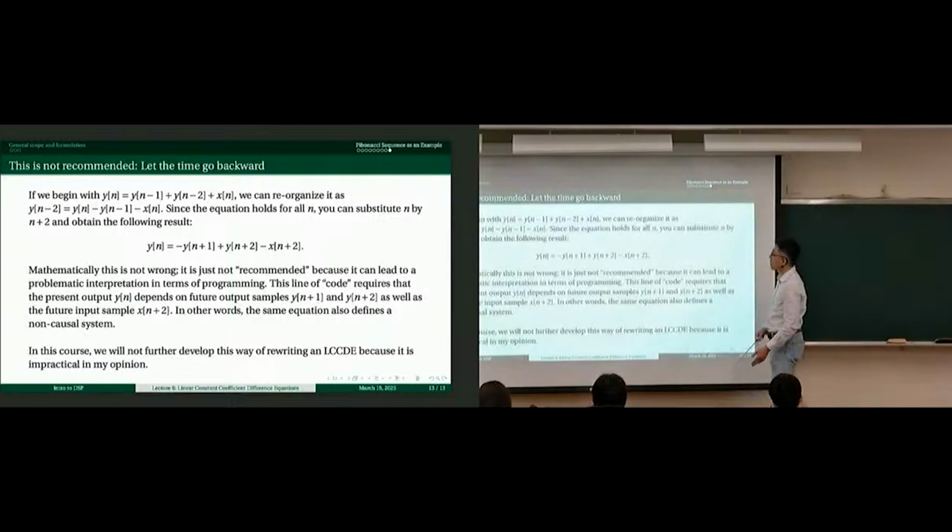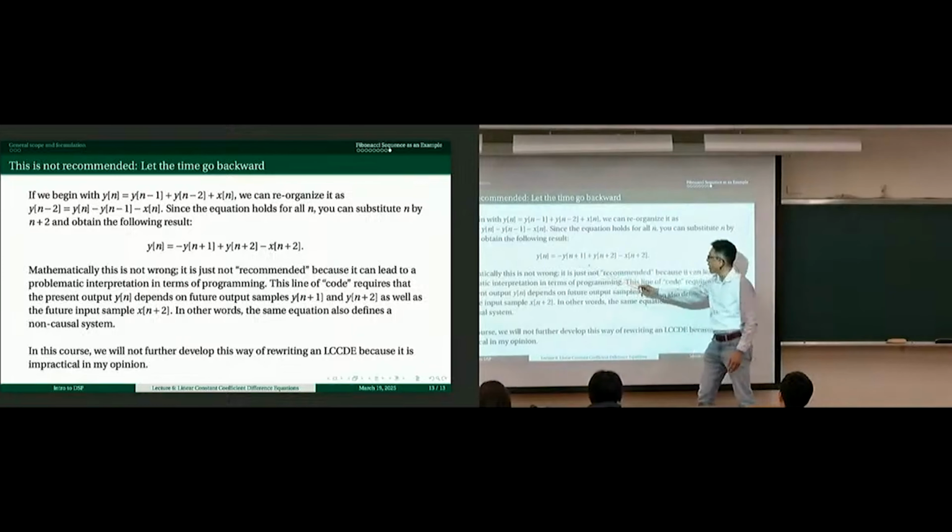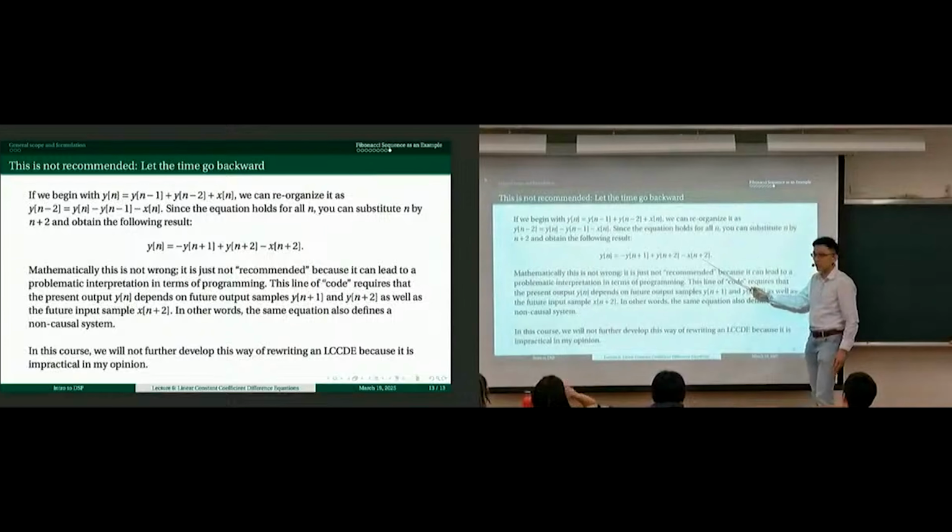This seems to suggest one line of code in which you evaluate y of n based on y of n plus 1 and y of n plus 2 and x of n plus 2. You can imagine this could well be one line of computer code, right? But then this is problematic.